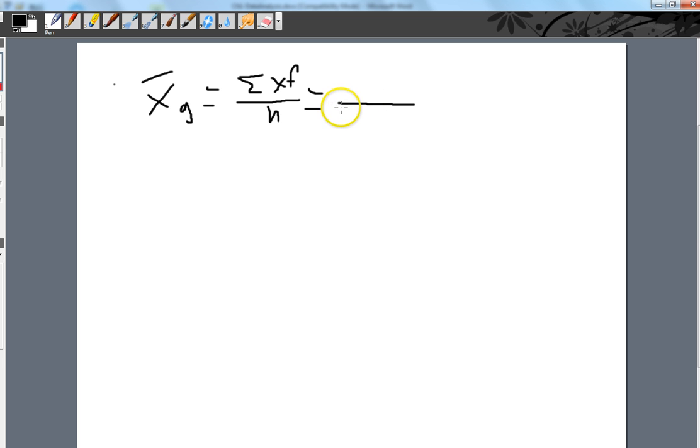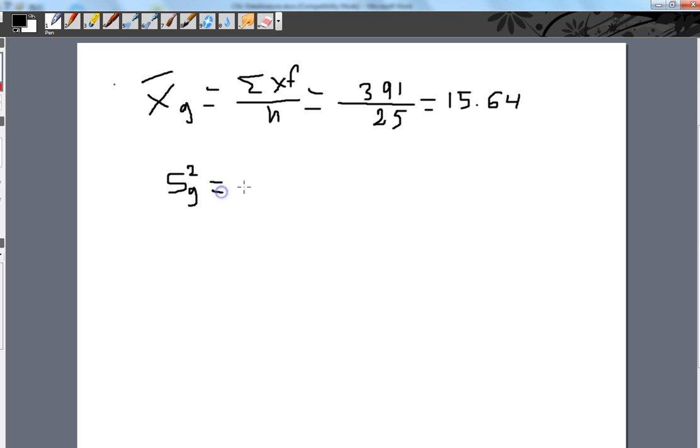So I need to put there 391 and divide that by 25, which is the sample size, the sum of the frequencies, and that would be equal to 15.64.